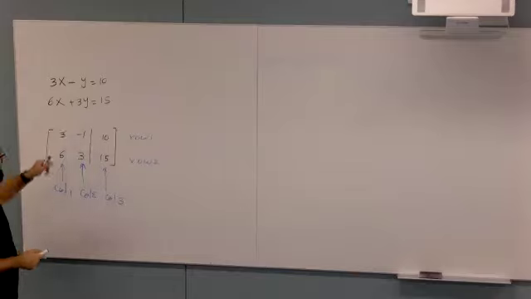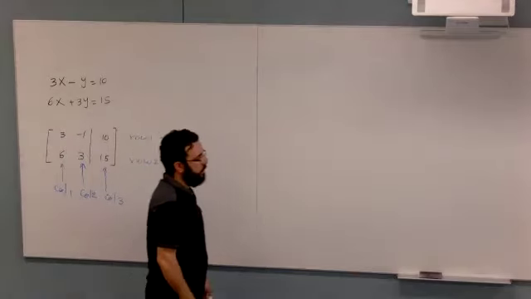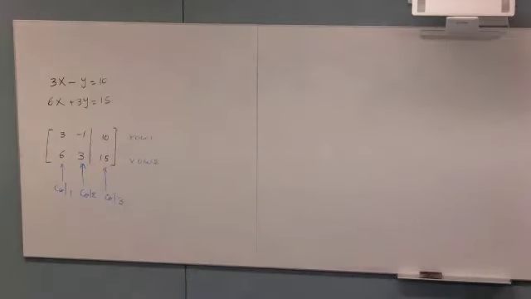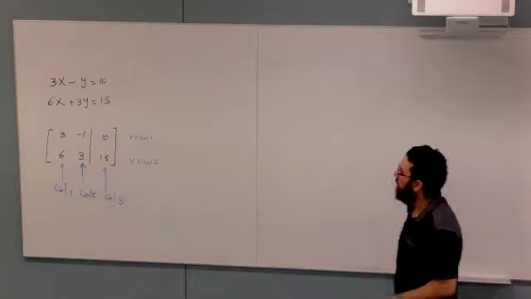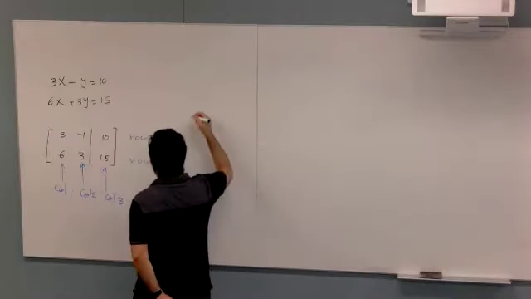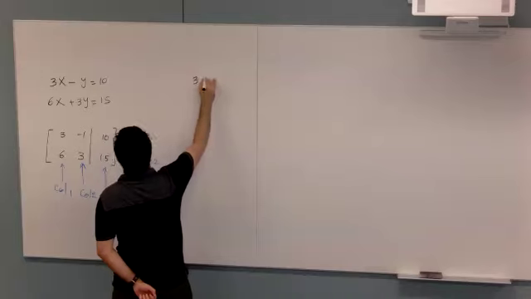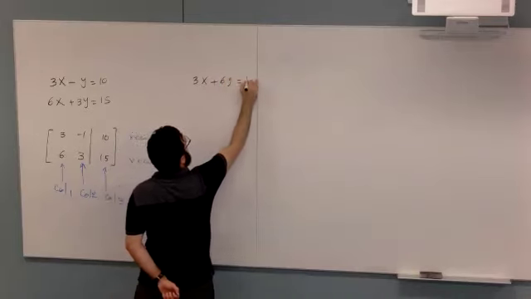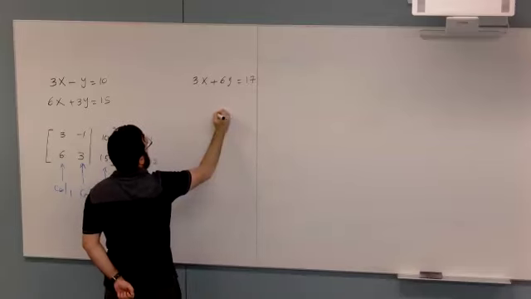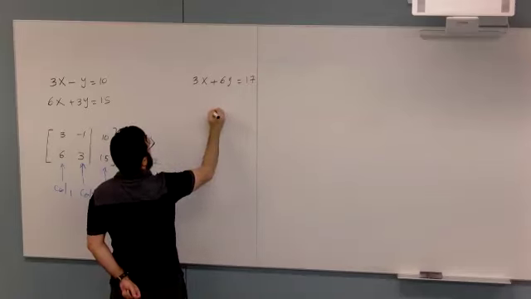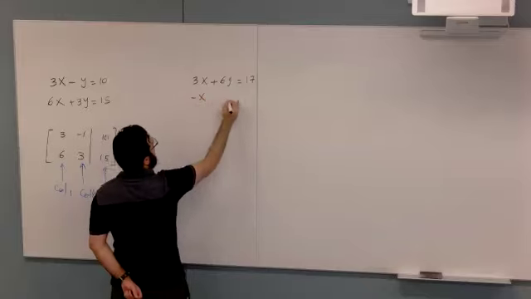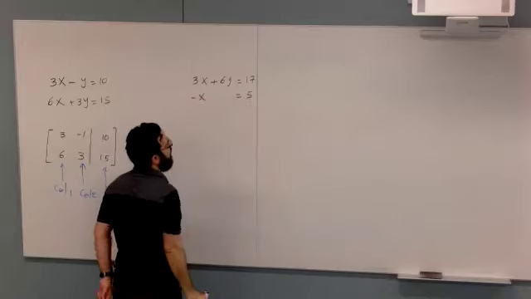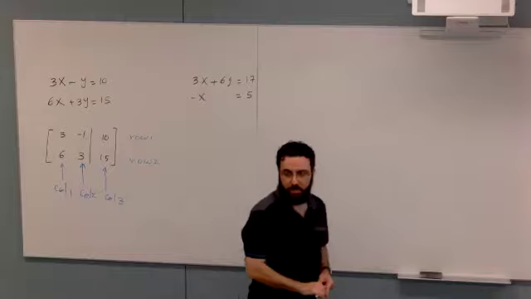The questions we have, let's say if we have 3x plus 6y equals 17, negative x equals 5. Is this one still a system?